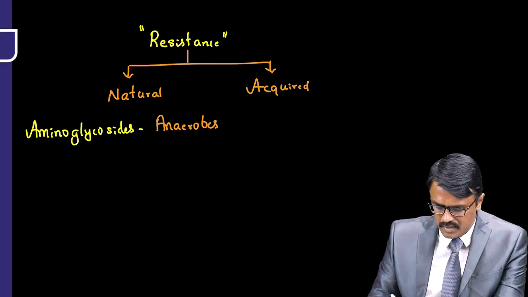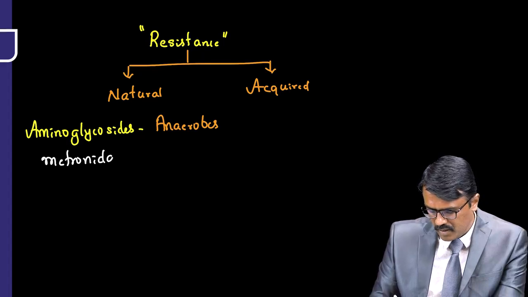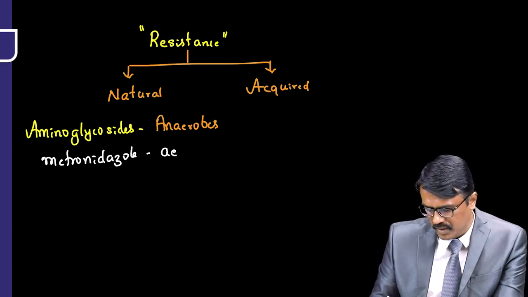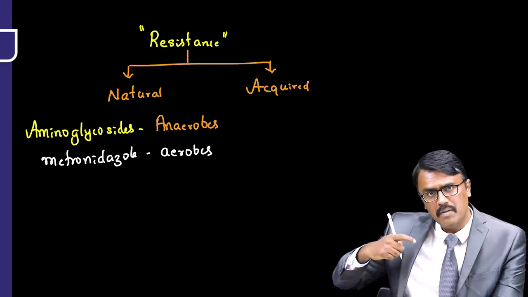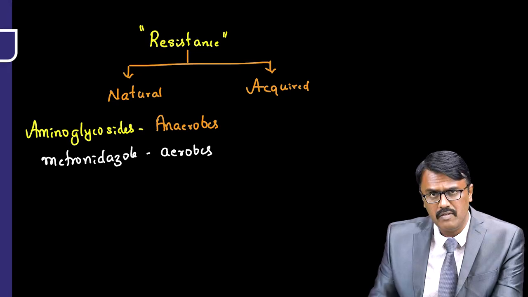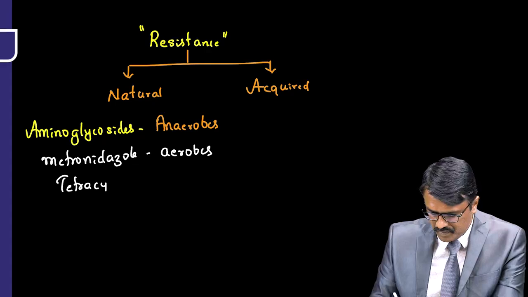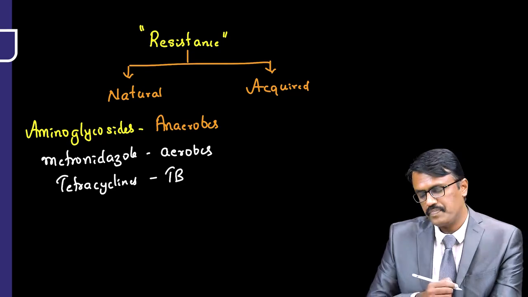Another classical example is metronidazole, which is naturally resistant to aerobes, because metronidazole has to become reduced, and that is seen only in an anaerobic environment. Now tetracyclines don't work in TB, that is natural resistance.